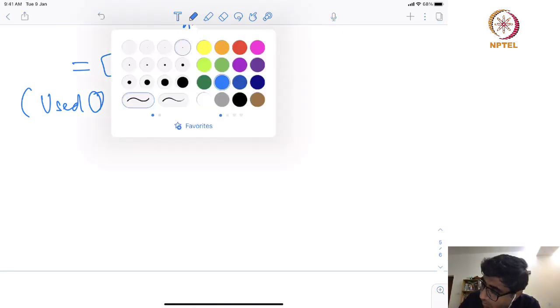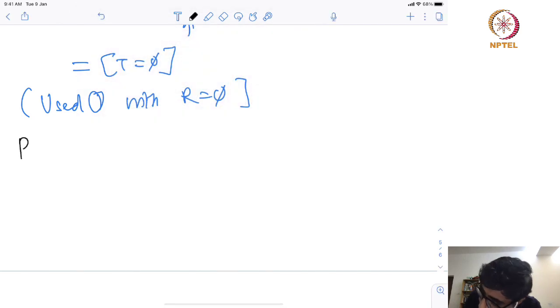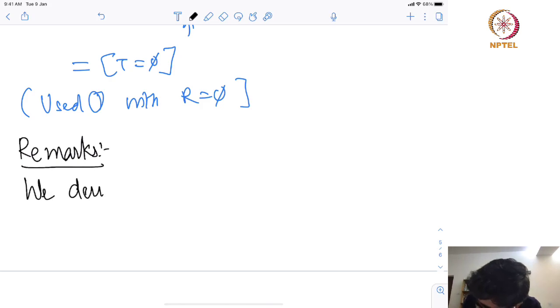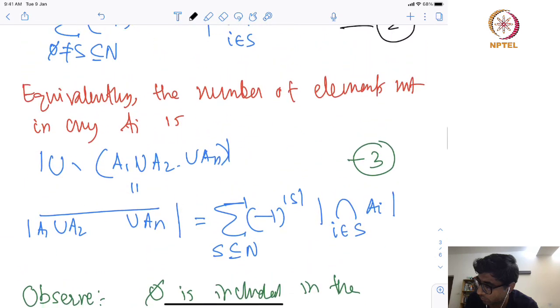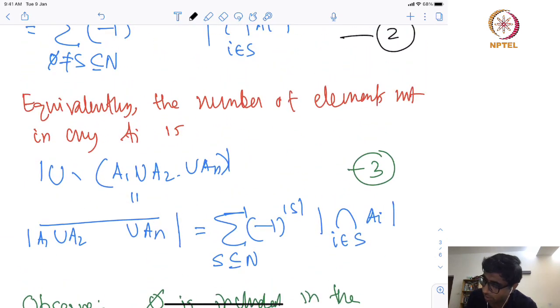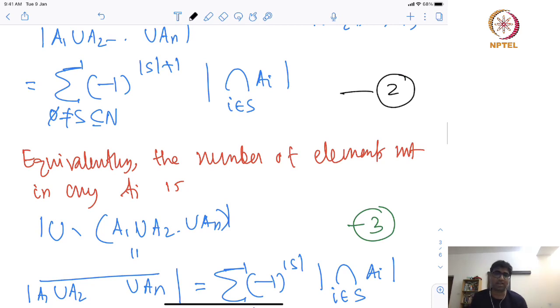So some remarks are in order. Look, this and this follow from just De Morgan's law. So this 2 and 3 are exactly the same formulation.